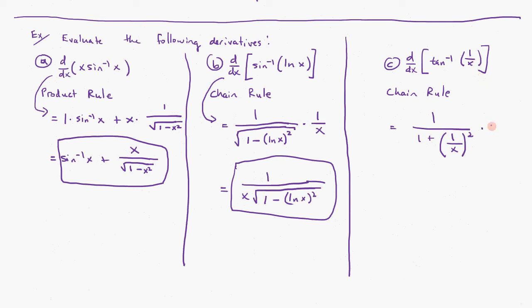The derivative of 1 over x is minus 1 over x squared. So this is equal to minus 1 over x squared times 1 plus 1 over x squared, and simplifying, this is equal to minus 1 over x squared plus 1.